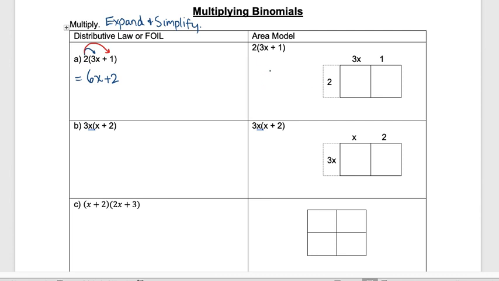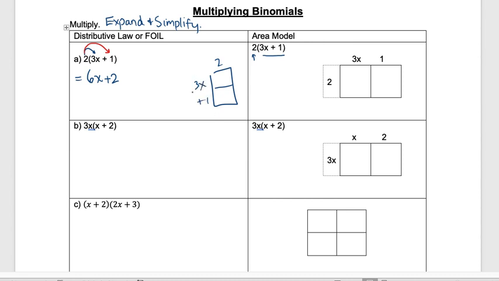Okay, if we are going to use the area model for the same question, what you're going to do is put the part that's outside the bracket along one side of the squares, and the other part along the other side. If you decided to make one that went this way, that would be okay. You could put 3x here and then plus 1 here.